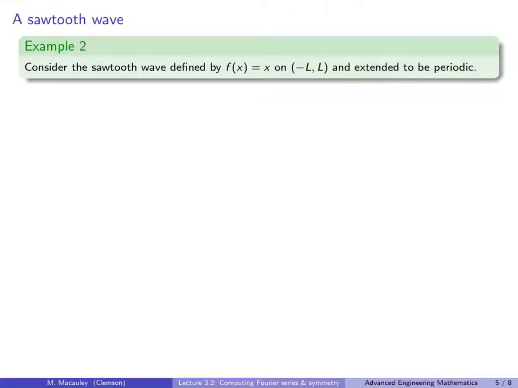Here's our second example. Consider the sawtooth wave defined by f of x equaling x from negative L to L and extended to be periodic. So let's draw a picture of this. So now we are defining, let's say this is from negative L to positive L. So here's the function x, and now we're saying extend this to be periodic, which means we are going to make it like this.